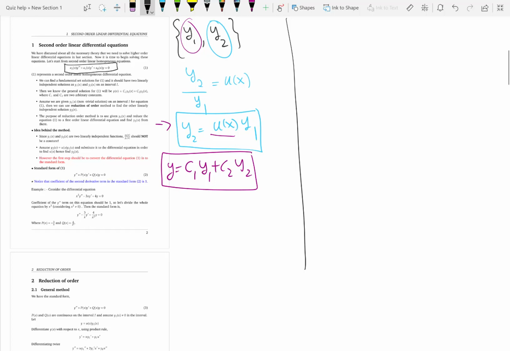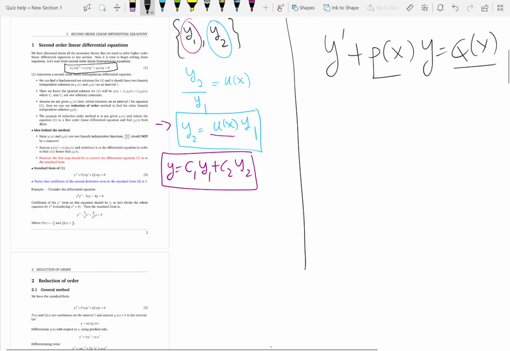If we have a first order linear differential equation that looks like y prime plus p times y equals q, where p and q are only functions of x, this is the standard form. The important thing here is that the coefficient of y prime is 1.